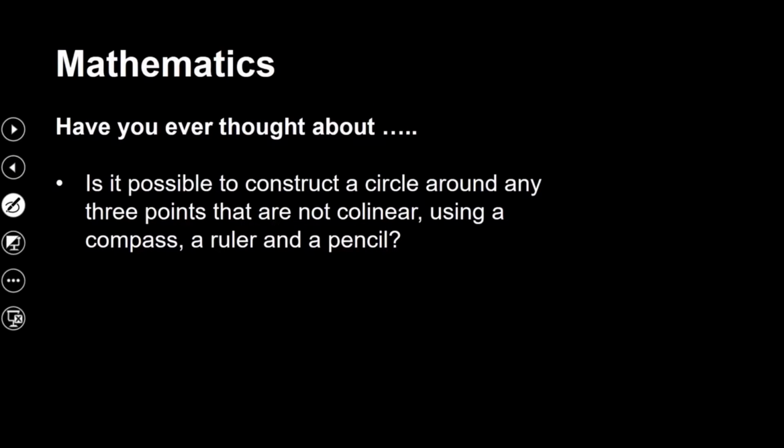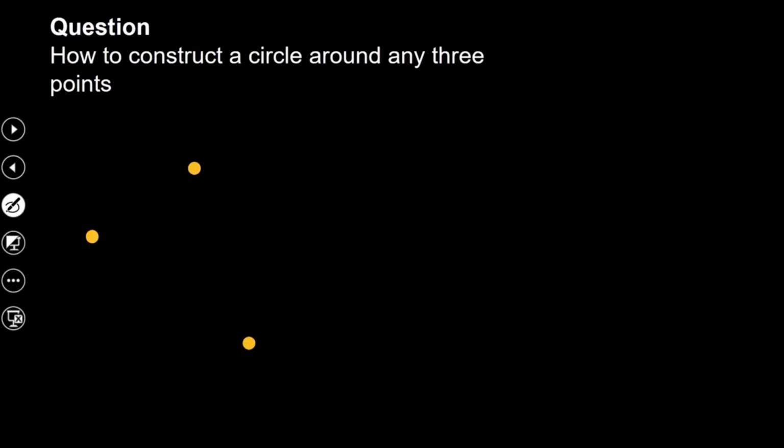Now, have you ever thought about whether it is possible to construct a circle around any 3 points that are not collinear, using, you know the drill, the compass, the ruler, and the pencil? Not collinear meaning they don't lie on the same straight line, right, where maybe it's A, B, and C. Rather, it will be points that are like this.